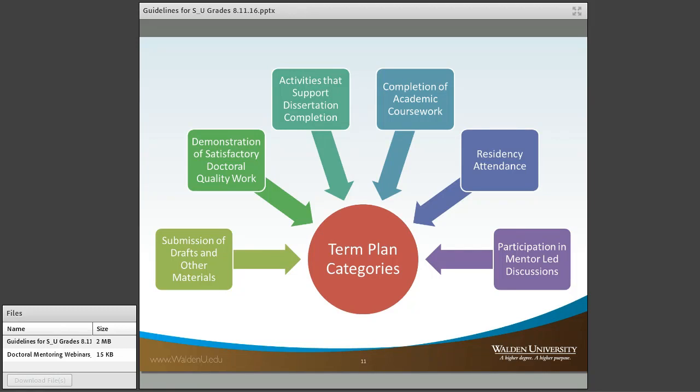Academic coursework, for those of you that still have CAM students, there is academic coursework or things that they still need to complete. They may be completing Residency 3 or Residency 4, and that could be included as well. And currently there's a requirement for participation in mentor-led discussions.